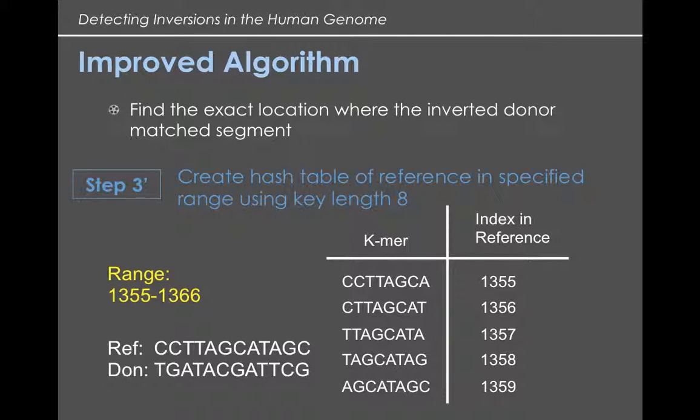The improved algorithm seeks to improve accuracy by hashing the reference into k-mers of length 8. It uses only the region specified by the previous method, which was using SNPs to restrict my range. Within that region, I will hash the reference.